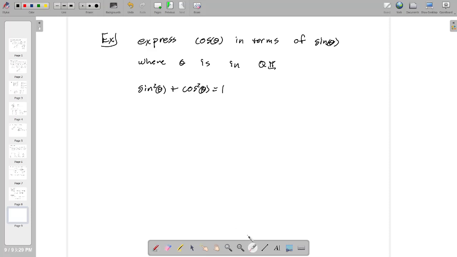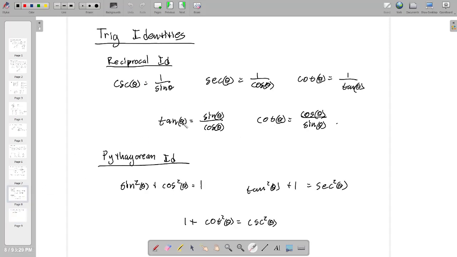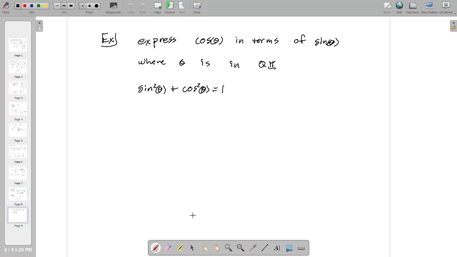You would still use the Pythagorean identity, you just wouldn't use the one with tangent or cotangent. You're still going to use this same Pythagorean identity, but you also have to remember that tangent is sine over cosine, and cotangent is cosine over sine. And that's what you'll do in the try one problem in a second.